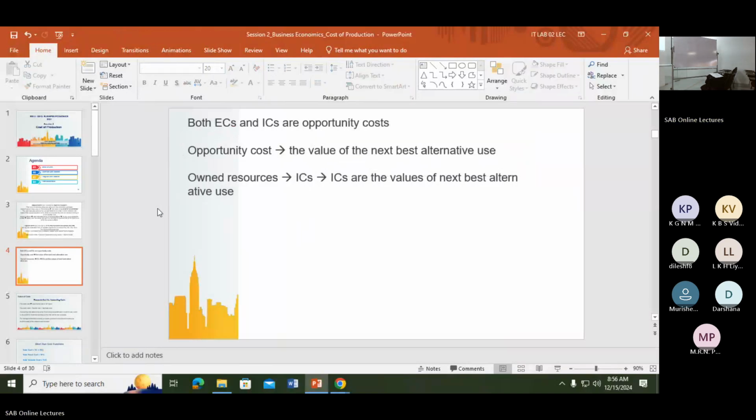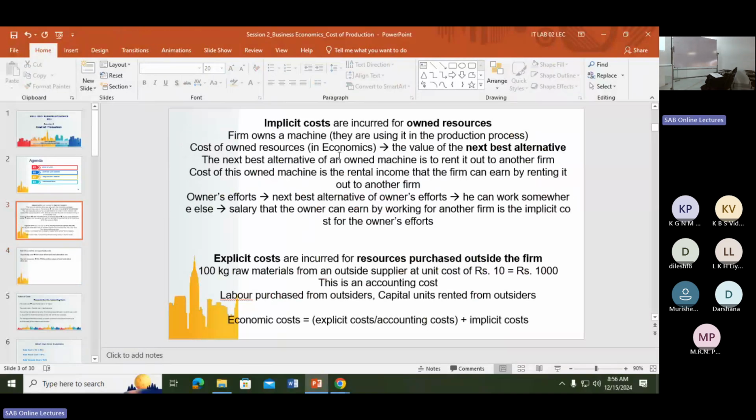In the previous slide, we defined implicit costs as the value of the next best alternative use of own resources.